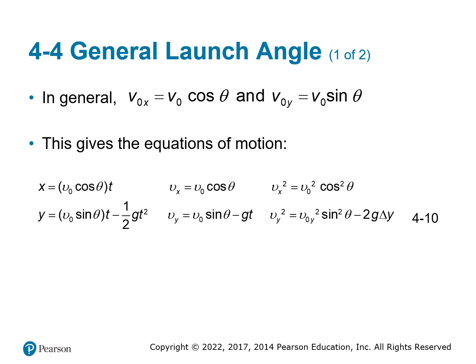All right, your components. If you launch something in the air at an angle, you have vertical and horizontal components for velocity and for position. Your x component, just like we did before, uses your cosine function, and then your vertical uses the sine function.